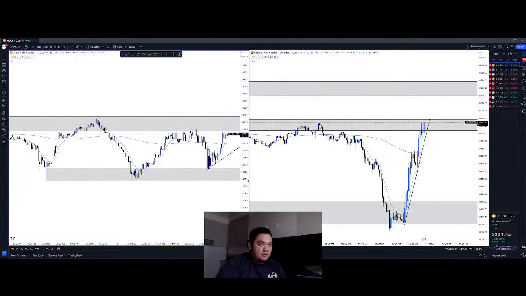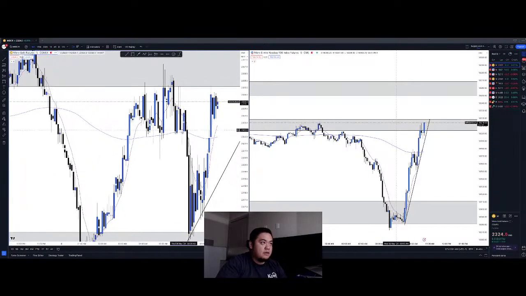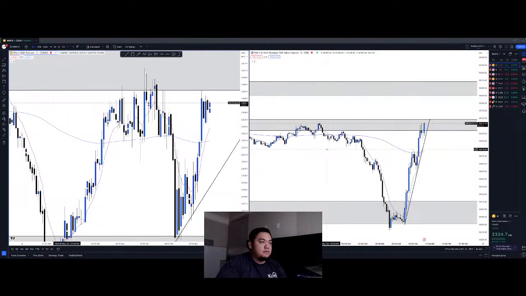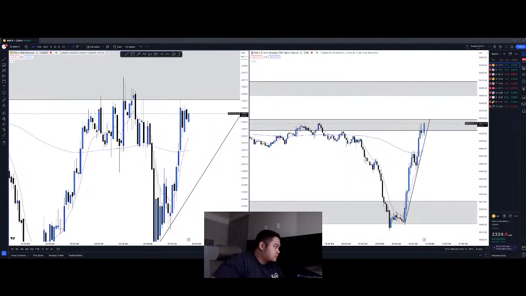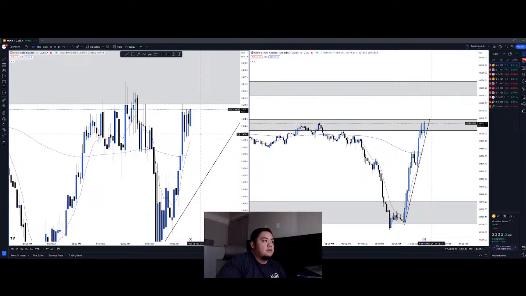Still 18 minutes left on the 1 hour. This is a pretty big candle, though, man. Yep. I think it might be time to close it out.